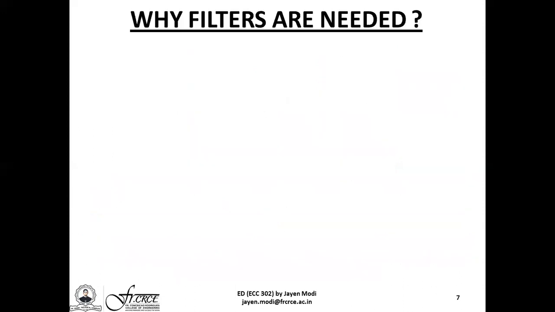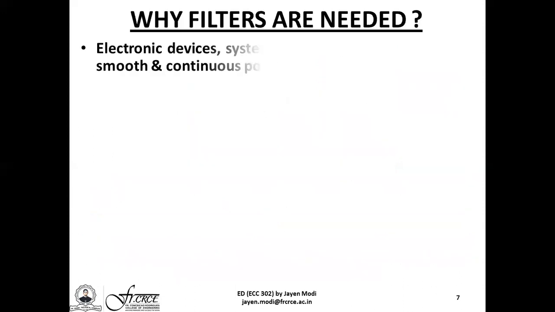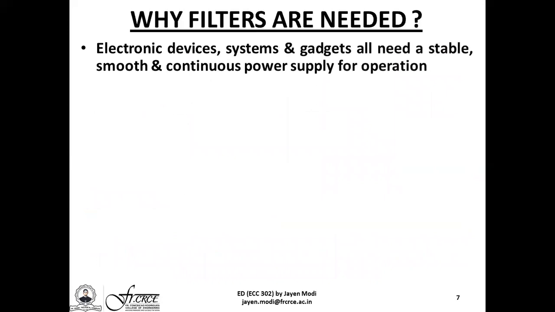We have already seen previously that a majority of practical real-life electronic devices, gadgets, and systems all need a stable, smooth, and continuous power supply for their operation. Although batteries provide a stable and smooth power supply, the problem is that batteries are definitely not continuous.